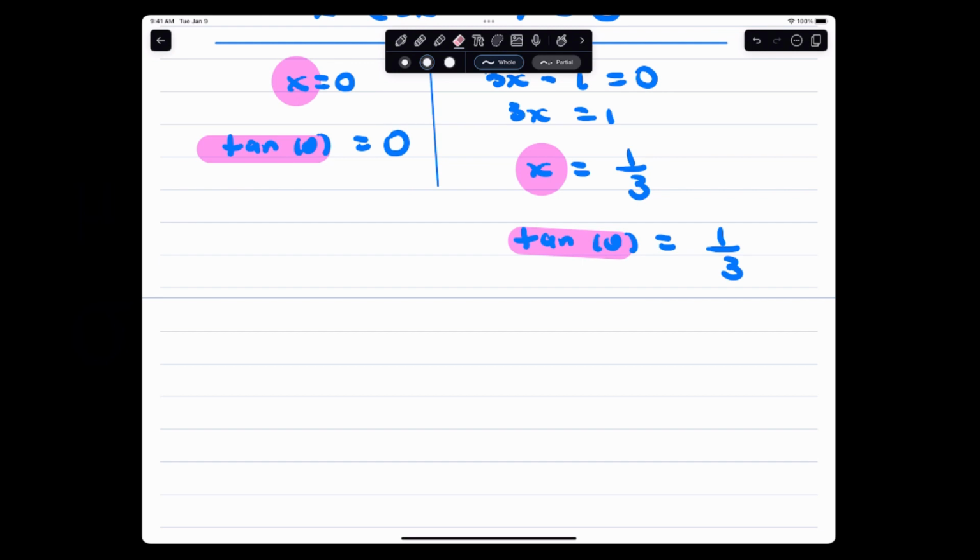So we're going to have to go back and understand the fact that they want all solutions to be between 0 and 2 pi for now.